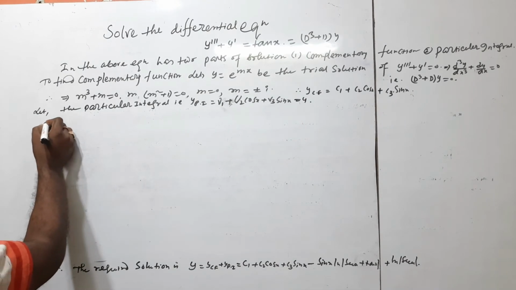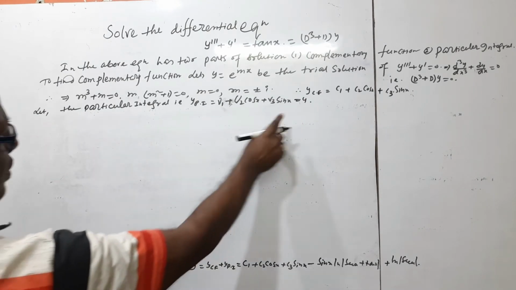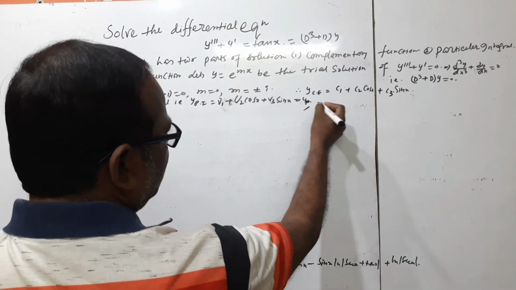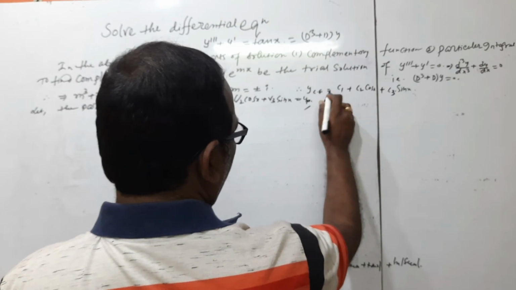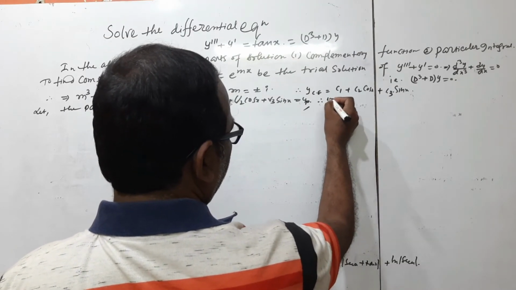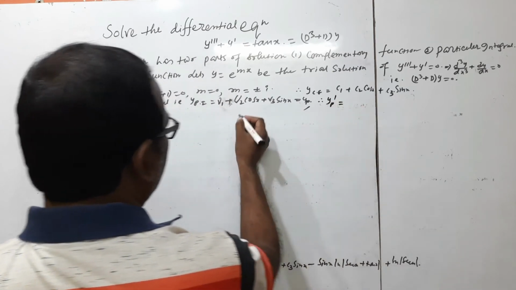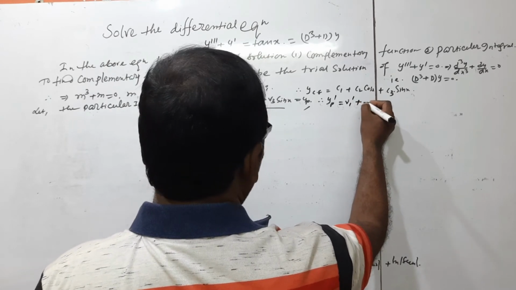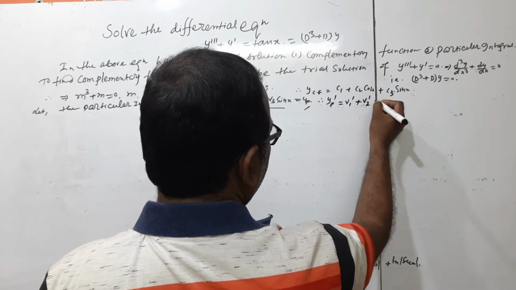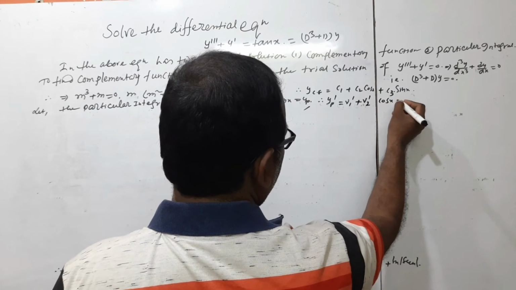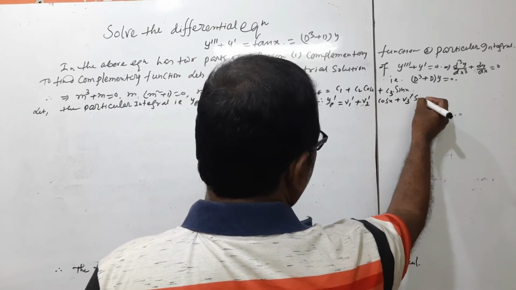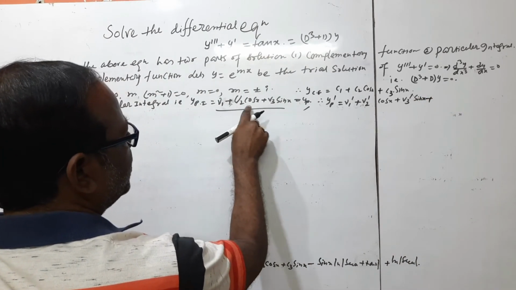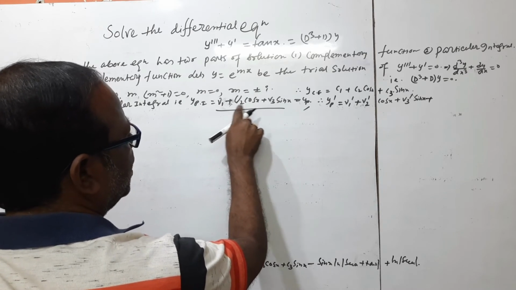If we differentiate yp, that is y dash p, therefore y dash p is equal to v1 dash plus v2 dash cos x plus v3 dash sin x. We differentiate with respect to x with the help of u into v.